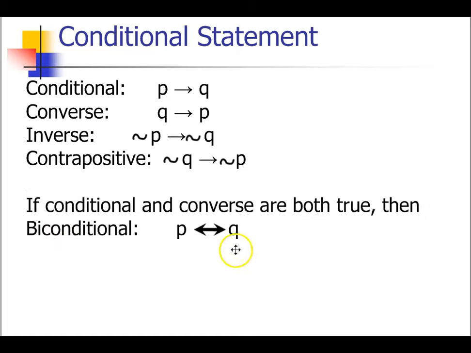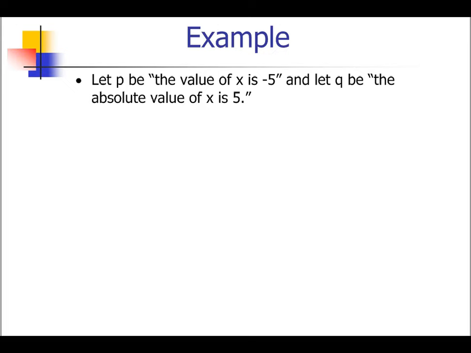A biconditional statement is if the statement and its converse are both true. And you can write a biconditional, and the word we use is if and only if. P, if and only if Q. And since they're both true, you might say Q, if and only if P. And we'll see some examples of that as we go.